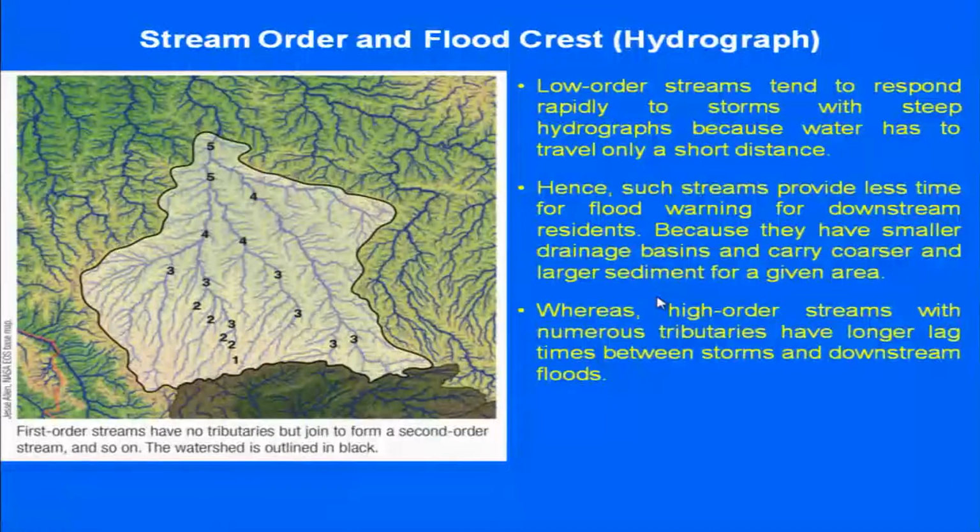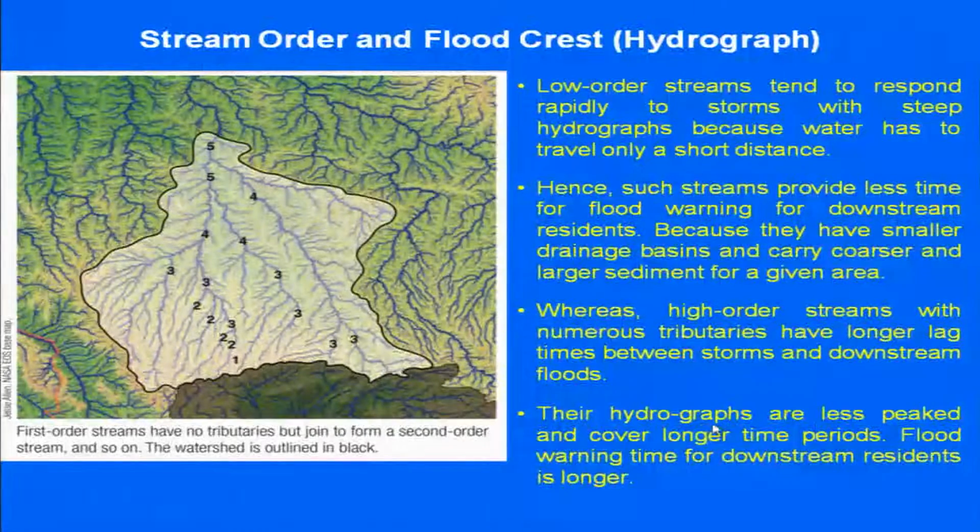So this is another disadvantage of having a lot of lower order streams in the region, whereas the higher order streams with numerous tributaries have a longer lag time between the storm or the rain and the downstream flood. Their hydrographs are less peaked and cover a longer time period. So it gives enough time to issue the warning. So the flood warning time for the downstream residents is longer.